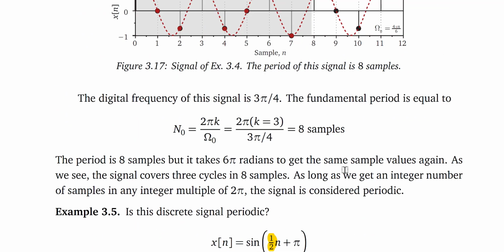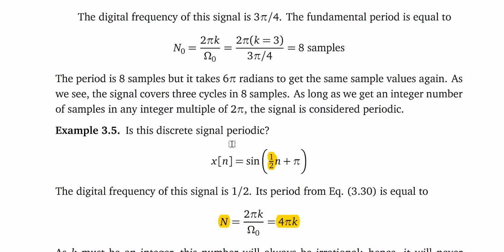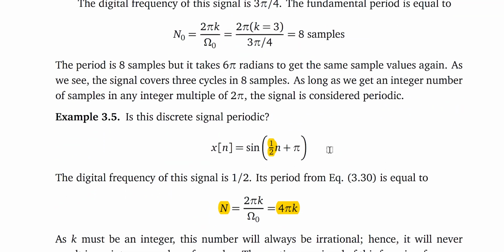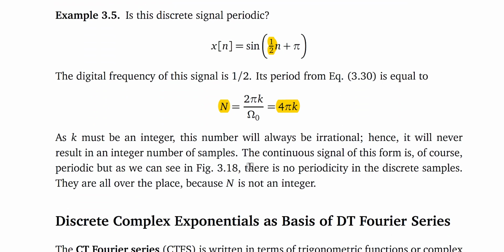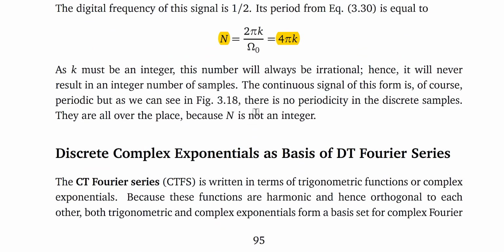So that tells us that this particular signal, even though it's discrete, even though it's a sinusoid, is still not periodic in a discrete sense. Hence, it'll never be periodic.